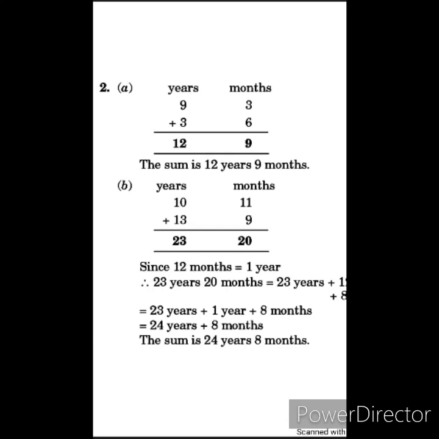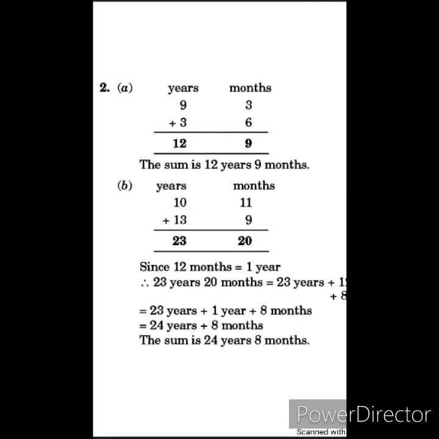It is 9 years 3 months plus 3 years 6 months. As we know, we have to add it normally. 3 plus 6 on the month side is 9, and 9 plus 3 on the year side is 12. So the answer of the sum is 12 years 9 months.